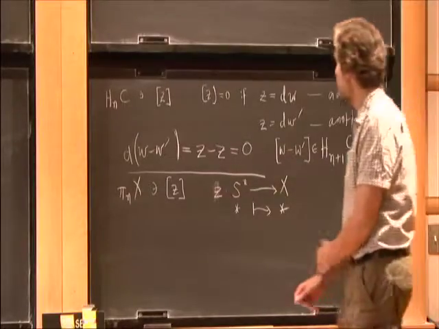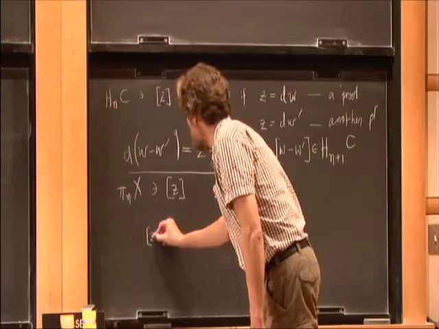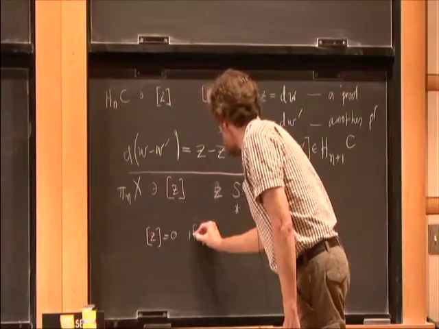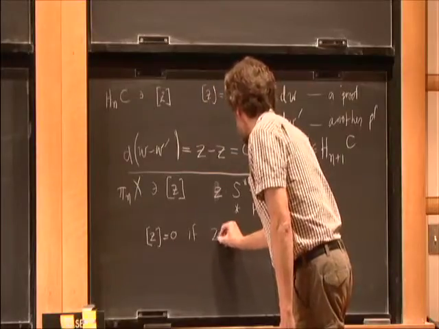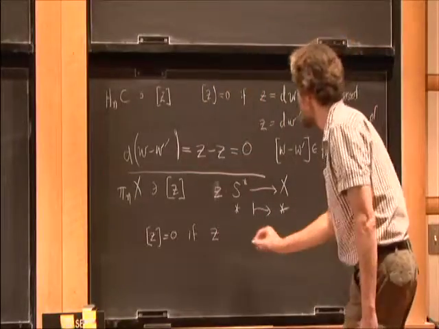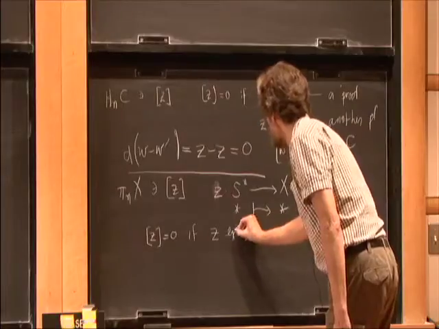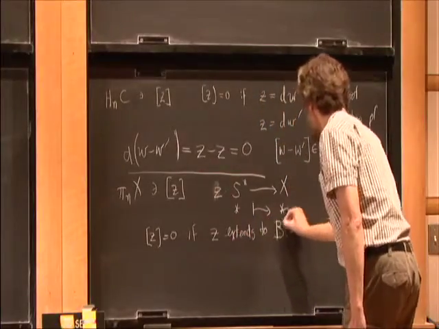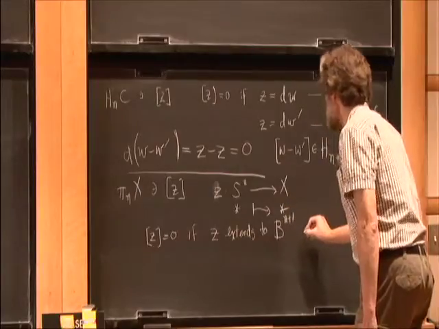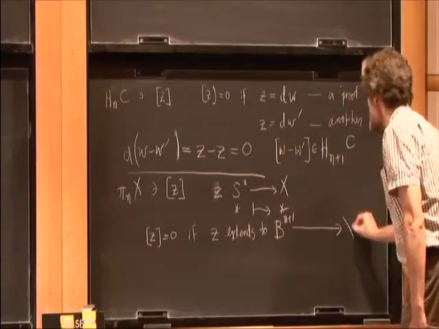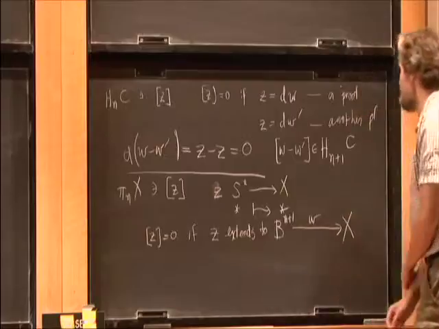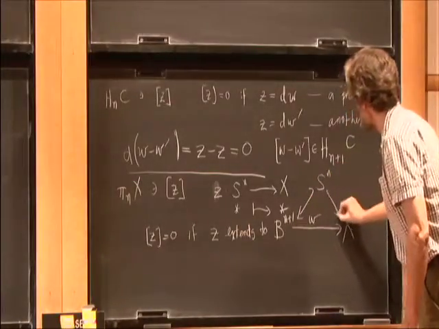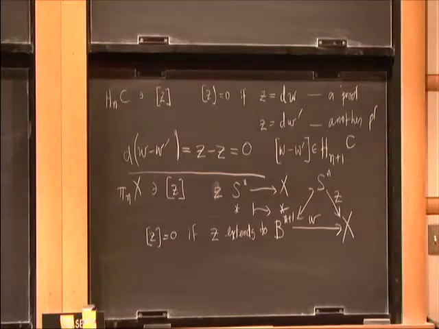And you might know that that's 0. And the reason you might know it's 0 is that you might know that Z extends in a certain way to the ball in dimension n+1. So maybe there's a map, let's call it W. And maybe when you restrict to the boundary, you get Z.